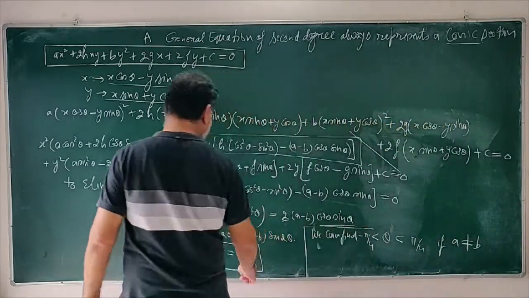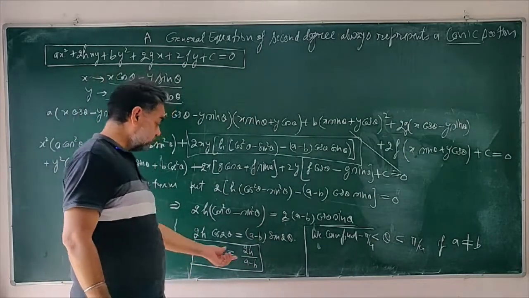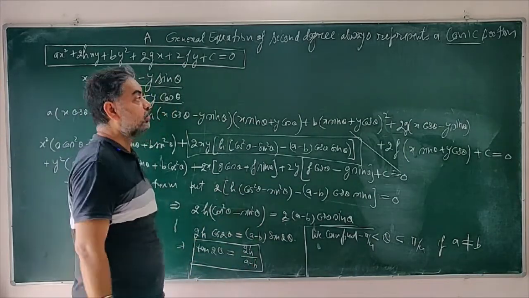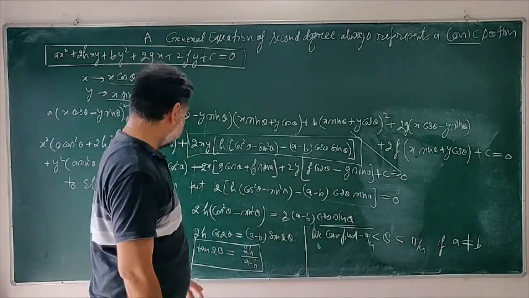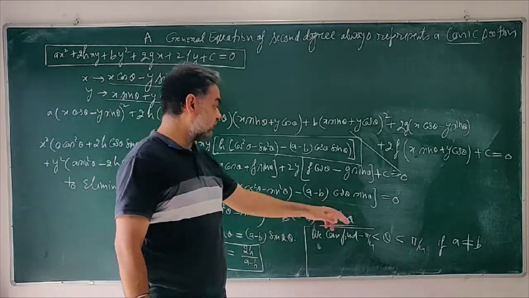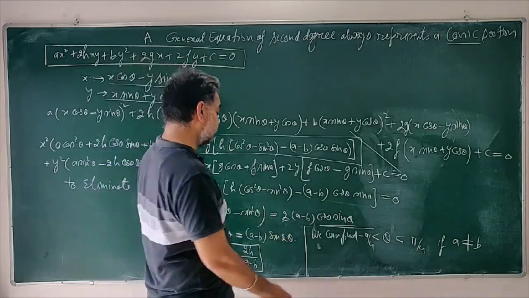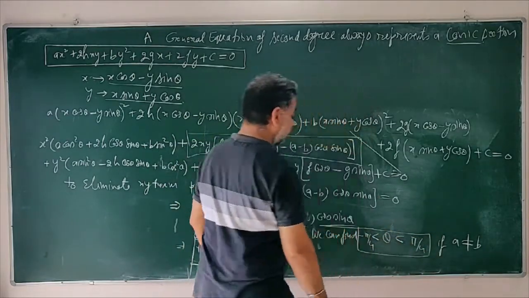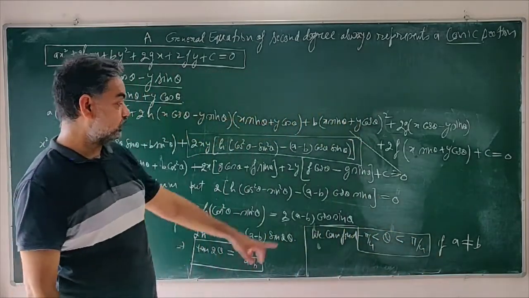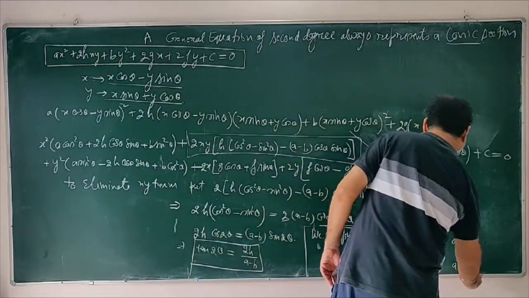If a is not equal to b, then you can always find such a theta for which tan 2 theta is equal to this, because tan takes all real values between minus pi by 2 and pi by 2. So we can find such a theta lying between minus pi by 4 and pi by 4 if a is not equal to b.